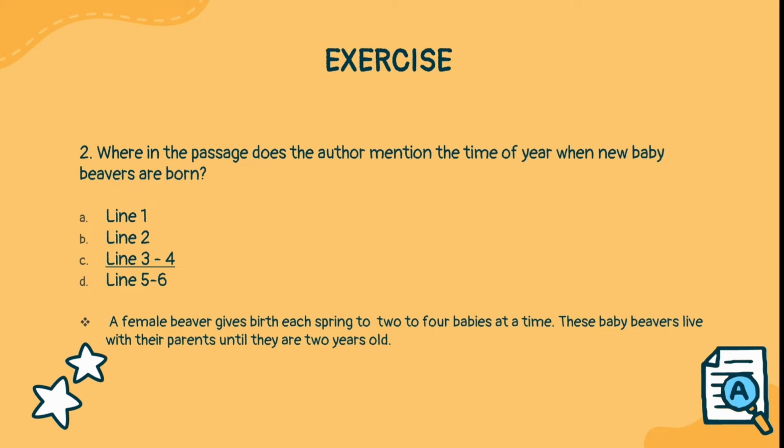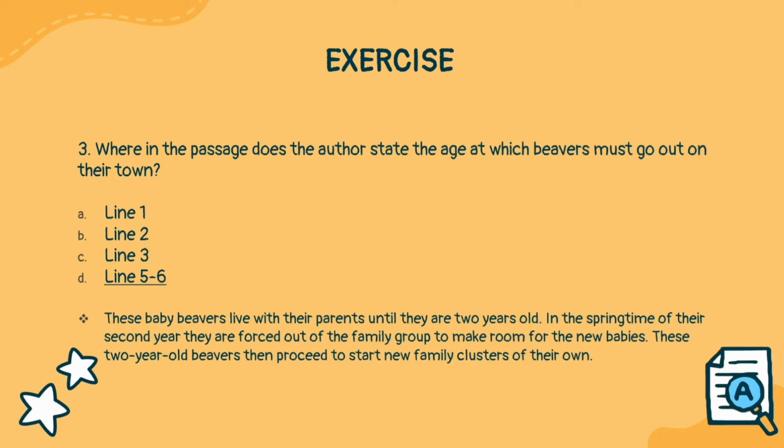And my answer, C, line 3 and 4. A female beaver gives birth each spring to 2 to 4 babies at a time. These baby beavers live with their parents until they are 2 years old.